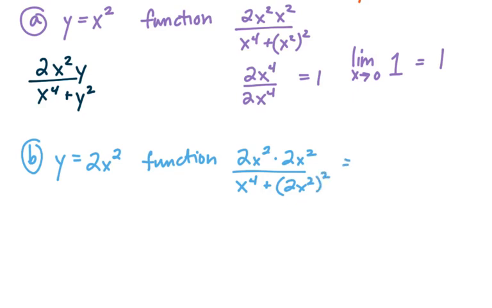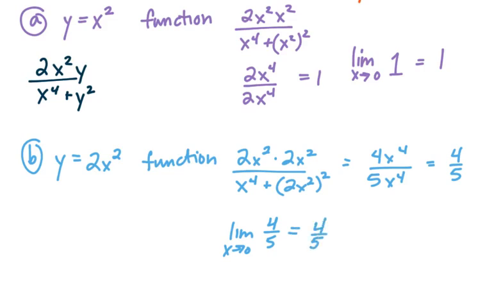So this simplifies to 4x to the fourth over 5x to the fourth, or 4/5. So the limit as x approaches 0 of 4/5 is 4/5. So I'm turning it into these constant functions.